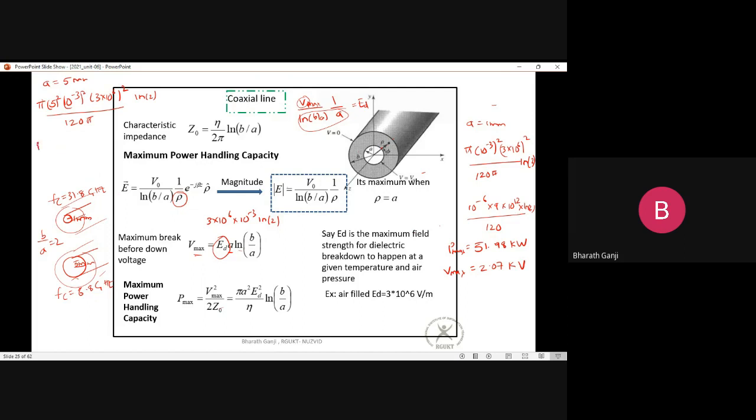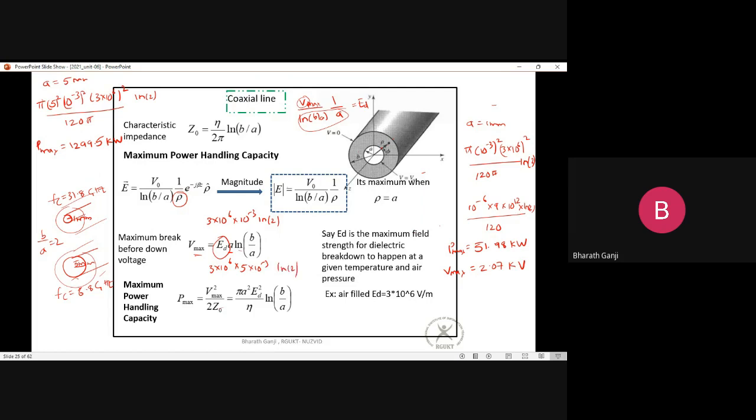I get the maximum power I can deal now is 1299.5 kilowatts. Whereas what is the Vmax I can get? In that case it is again 3 into 10 to the power of 6, now you have 5 into 10 to the power of minus 3 into ln of 2.